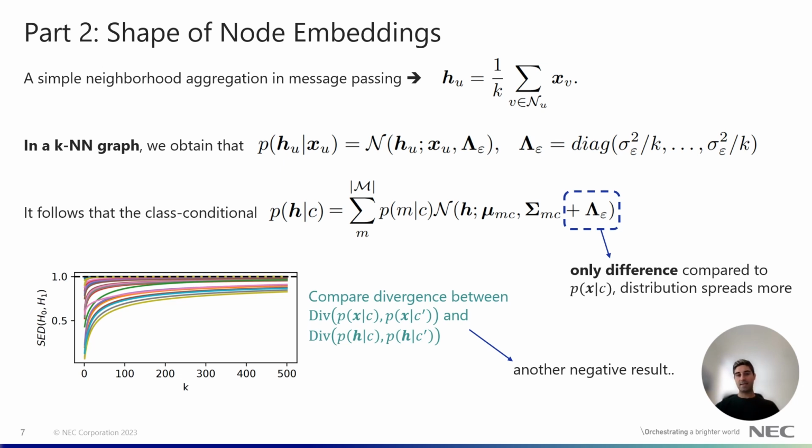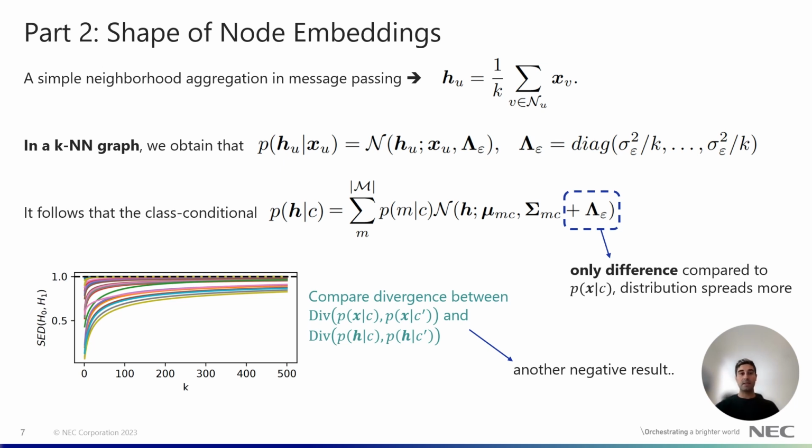And to test this, we compared some divergence metric, which we can compute in analytical form, between P of x given C and P of x given C prime, and the same divergence but in the embedding space, so between P of h given C and P of h given C prime. And here we get another negative result. So the divergence in the embedding space is always lower than the divergence in the input space.